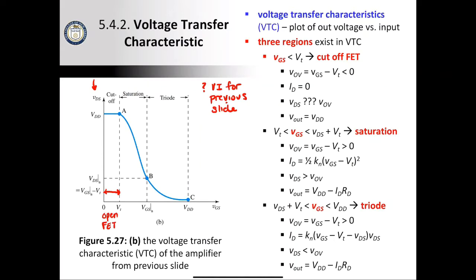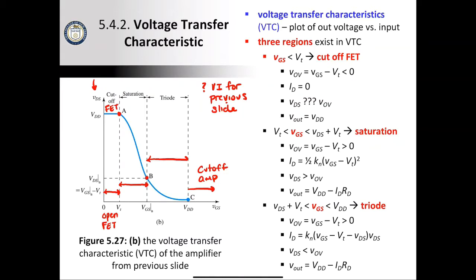Saturation region, when VDS is greater than VOV, that's between points A and B. Then we enter triode, and then we have this region, which is called cutoff of the amplifier. So we have cutoff of the MOSFET, and we have cutoff of the amplifier when the voltage is dropped to 0 at the output, meaning that there's so much current flowing that 99% of it falls across the resistor RD.